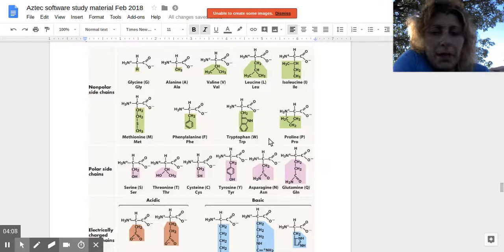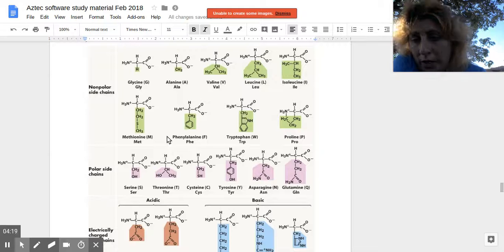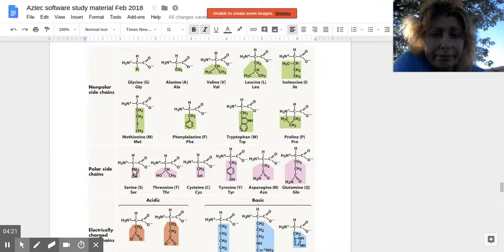Proline has 3 CH2s in a triangular shape ring structure. Those nine amino acids have non-polar side chains. And then these ones are polar side chains.